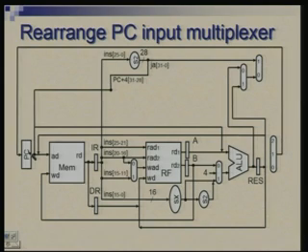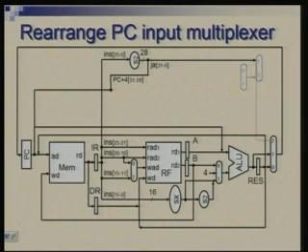First I switch the output. Then one input comes from the register result, one input comes from the ALU, and the third input comes from the jump address, and I have gotten rid of the earlier multiplexer.